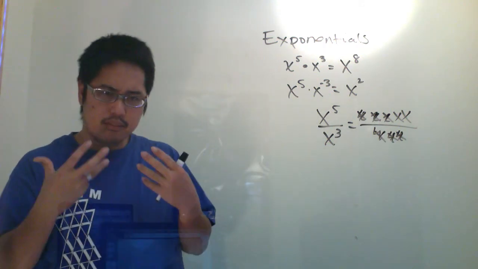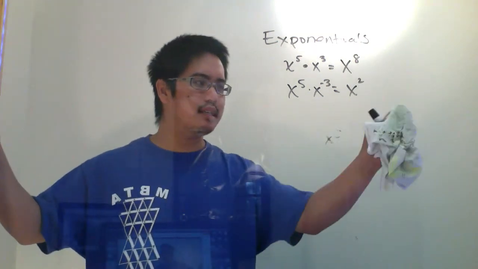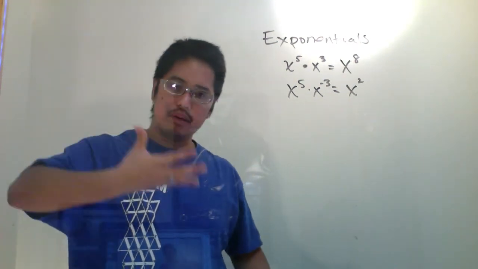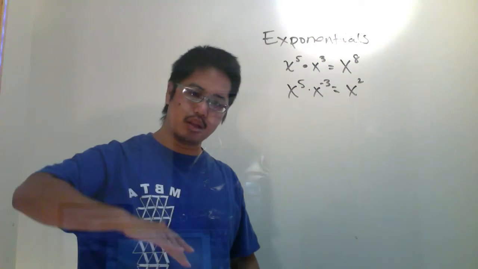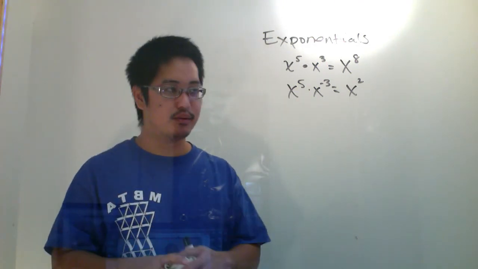But the point I'm trying to make is that if you see a negative exponent, you basically reciprocate it. If it's on the top, you put it on the bottom. If it's on the bottom, you put it on top, and then you can make it a positive exponent.